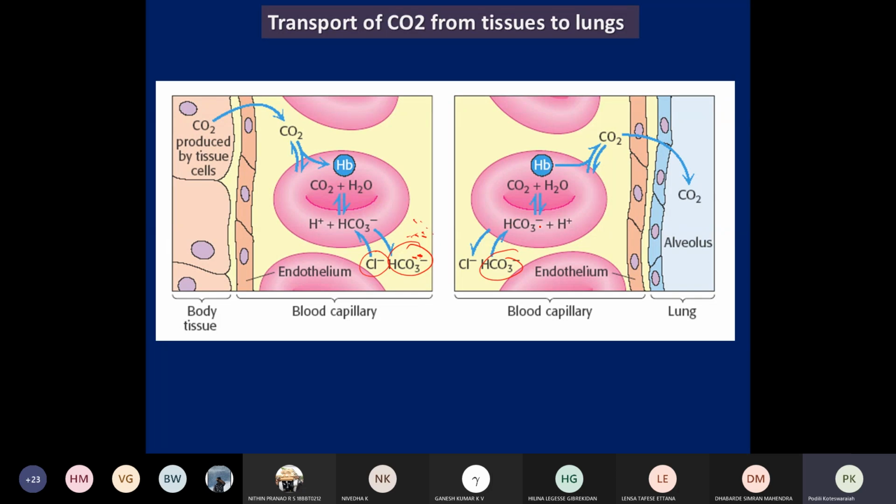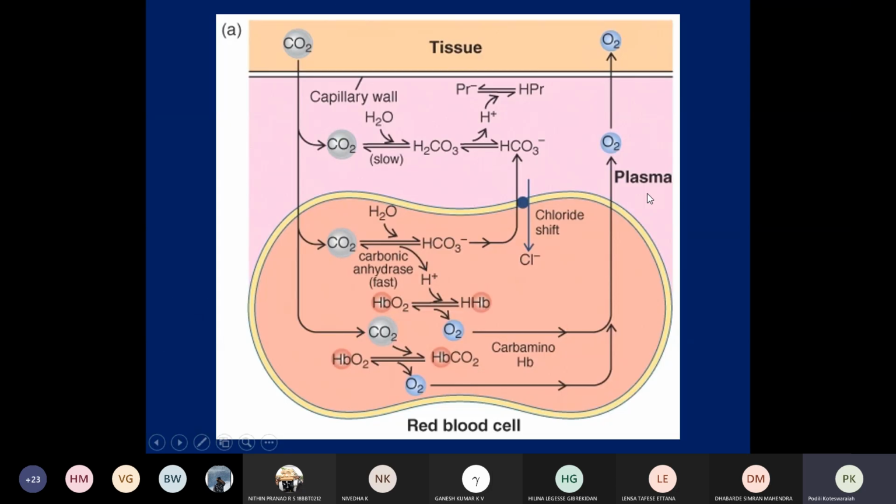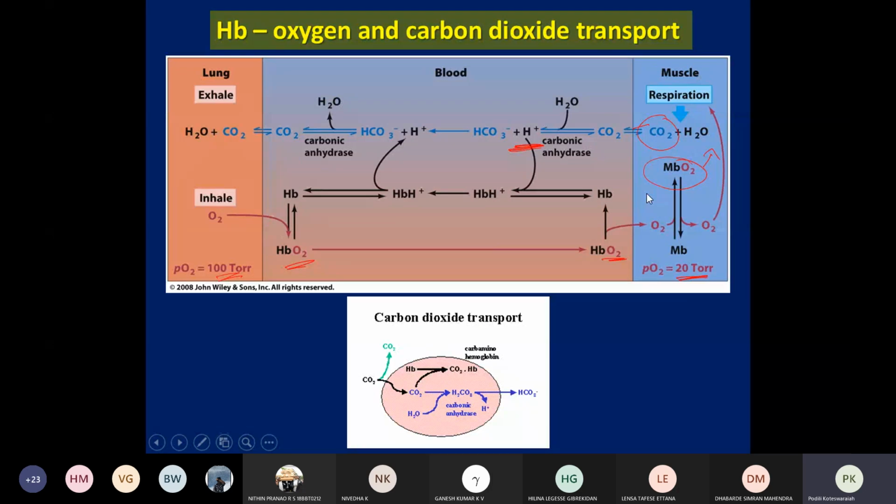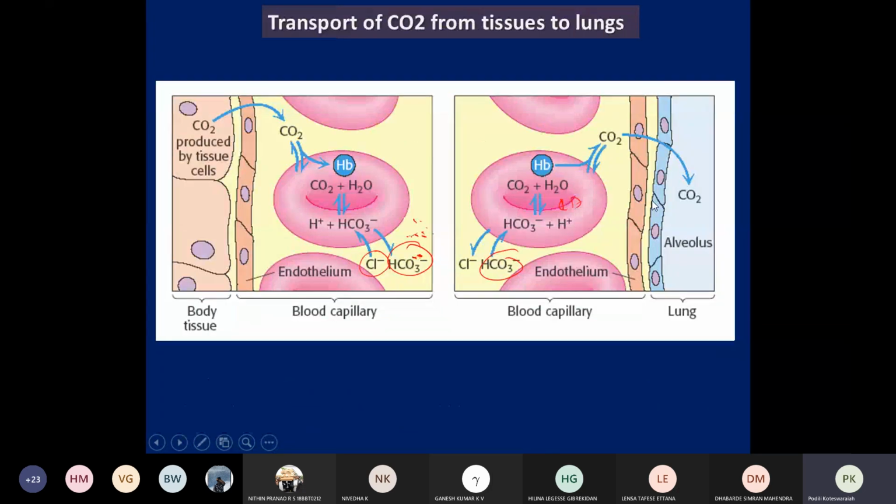Now this HCO3 minus reacts with the H plus and again forms carbon dioxide and H2O by the same enzyme, carbonic anhydrase, and this CO2 would be exhaled during respiration. So that's what happens in the transport of oxygen and carbon dioxide by the hemoglobin.